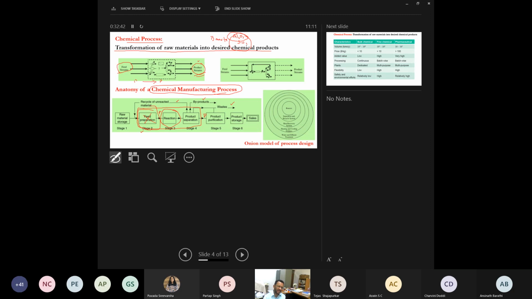Okay, and what you should do, you have to minimize the size of these things using crushing, because from the mines you will get feeds in terms of higher inches, so size reduction equipment should be used to reduce the size of the particles, to increase the surface area, to extract the Al2O3.